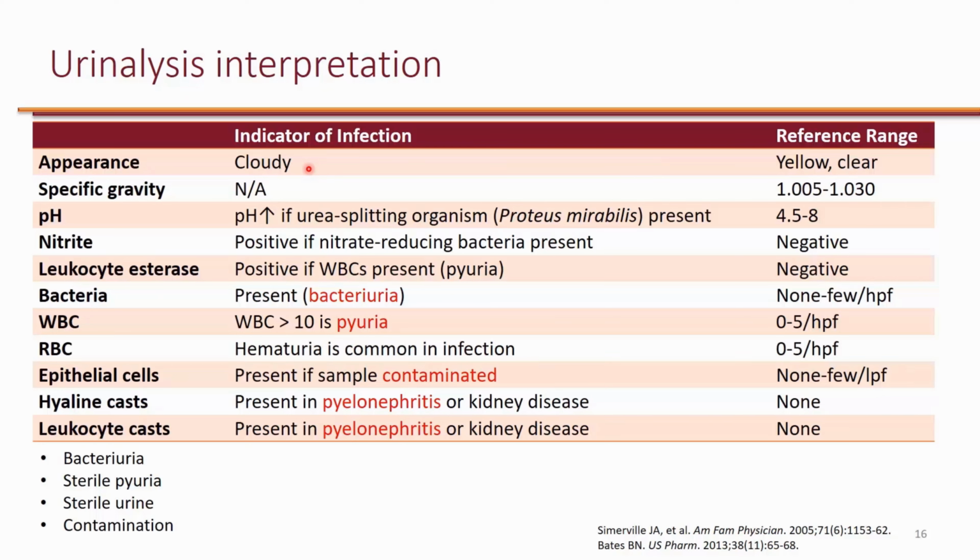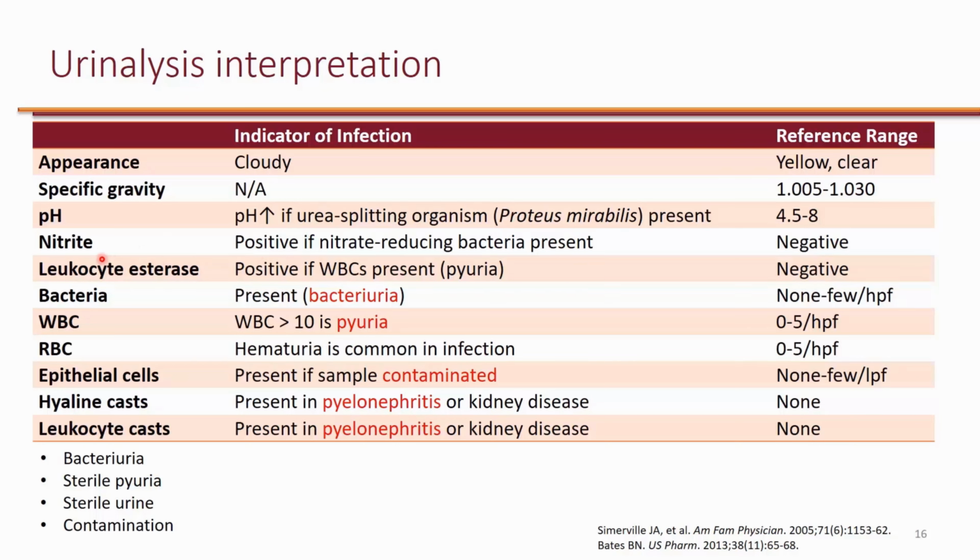Either there's an infection, or especially in patients who have kidney disease, because there's damage to the kidney and things that are not supposed to be there find their way into the urine, such as protein or any other chemical from the body, it will make it look cloudy. So cloudy doesn't necessarily mean infection, but it could.